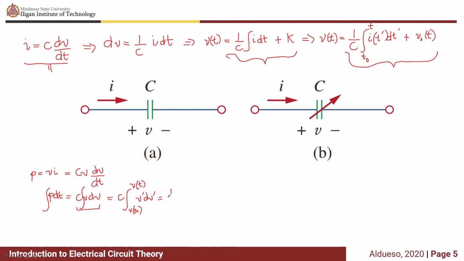This is just equivalent to 1/2 C times v(t) squared minus v(t0) squared. Now if we select the zero energy reference at t0, with no initially stored energy, this term is equivalent to 0, and we have 1/2 C v squared.